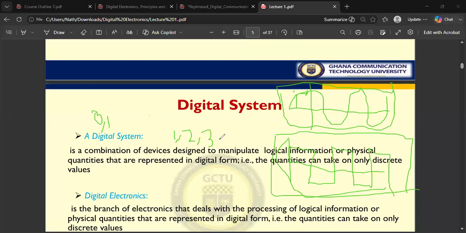The interval between the first and the subsequent one is 1. Then it follows, and the interval between the subsequent one and the next one is another 1. So the quantities can take only discrete values. If the interval between them is not equal, then we say it's an analog signal. So we have 1, then we have, let's say, 1.5.